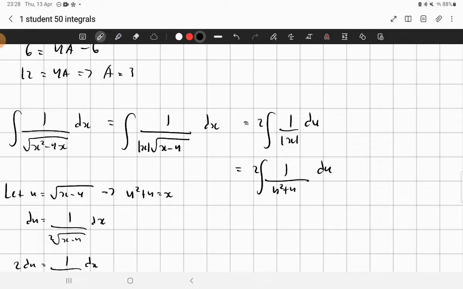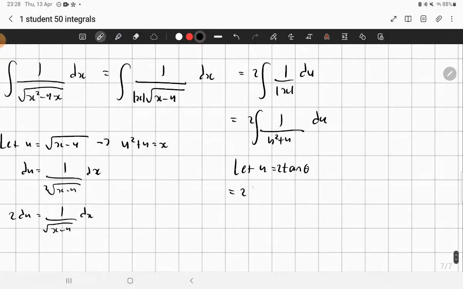So I believe the integral will be arctangent of, you know what, I can't remember the formula. Wow, okay. Alright, so let u equal 2 tangent theta.